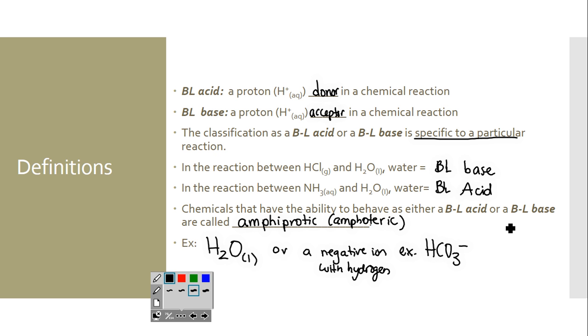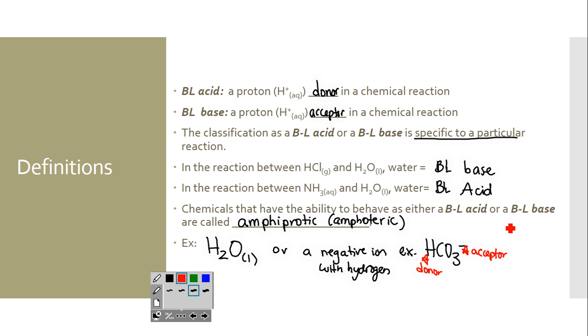Because it has a hydrogen right here, it could be a donor. It could give that hydrogen to something else. To be a proton donor, you actually have to have a proton. Because it has a negative charge over here, it can be a proton acceptor. Things that have a negative charge could easily and readily accept something with a positive charge.